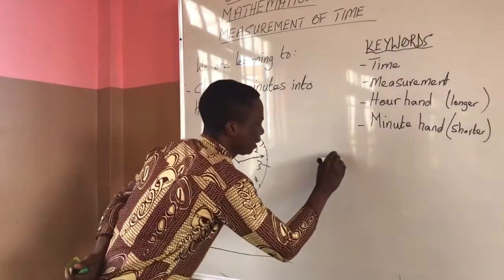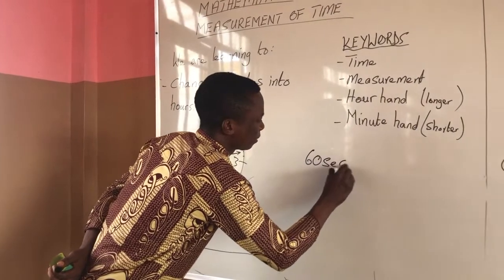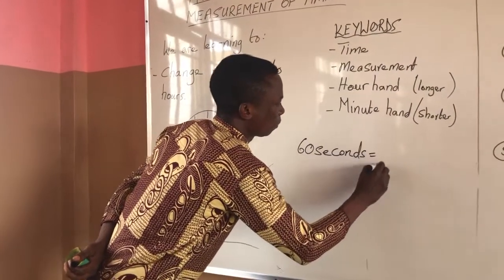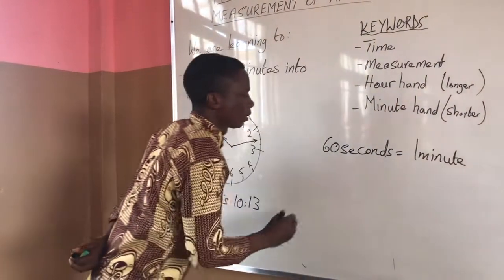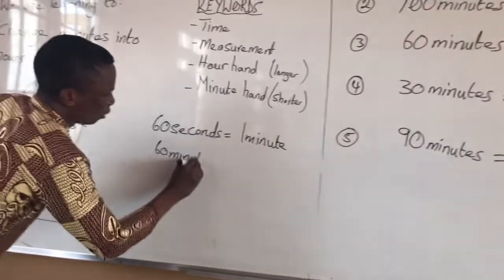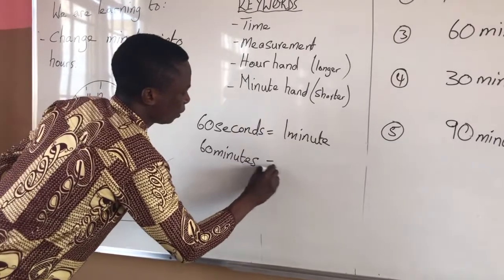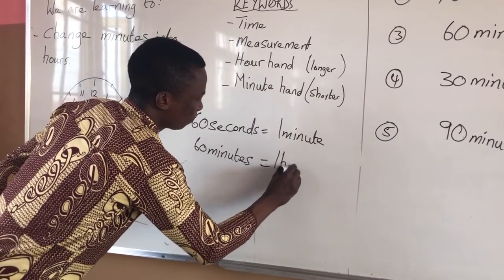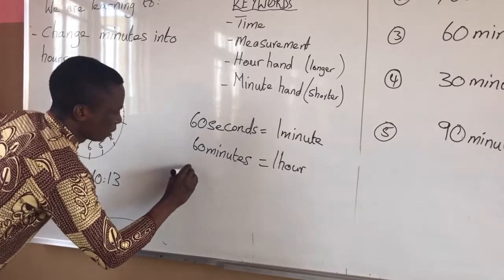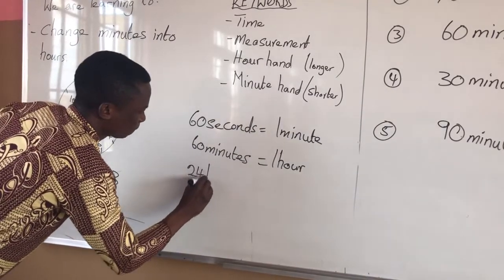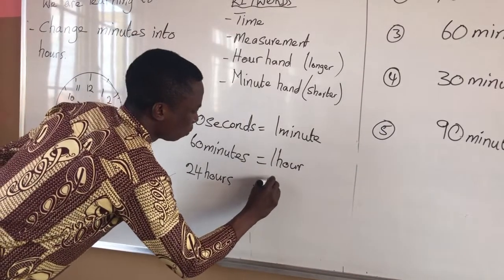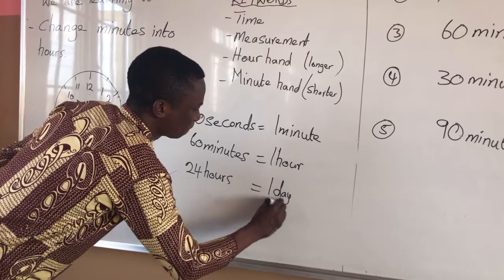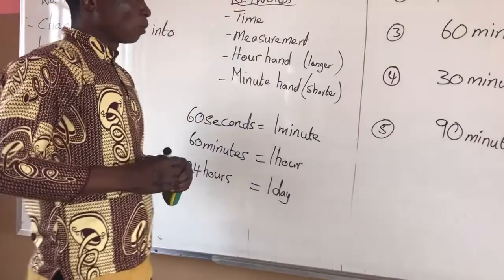But take note of the 60 seconds equals what? 1 minute. 60 minutes equals what? 1 hour. 24 hours equal to 1 day. Equal to what? 1 day.